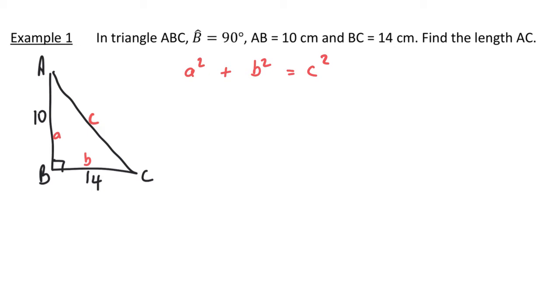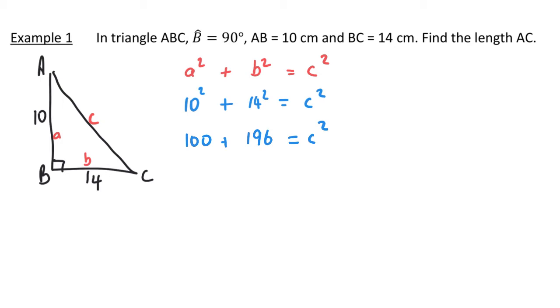Now we can substitute in values. We know that side A is 10 centimeters long, so it's 10 squared, and B is 14, so that's 14 squared, and that's C squared. We don't know its value, so we leave it as C. We can work out 10 squared to be 100, and 14 squared is 196, so that still equals C squared.